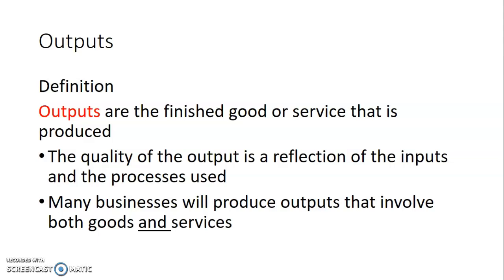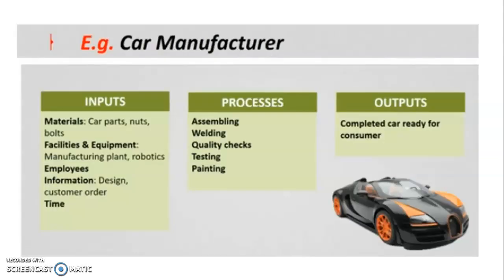Let's look at a really quick example with a bit more of a visual going on. A car manufacturer, nice and easy one. To make a car, you need materials: car parts, nuts, bolts, those different things. You need a big facility, manufacturing, robotics, and employees who actually know what they're doing.